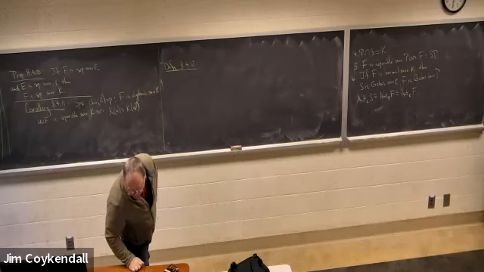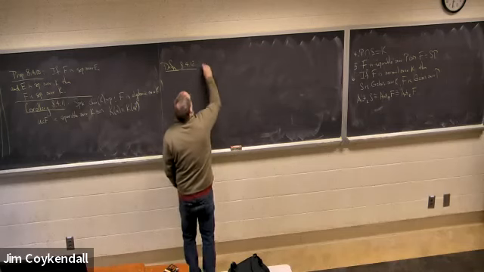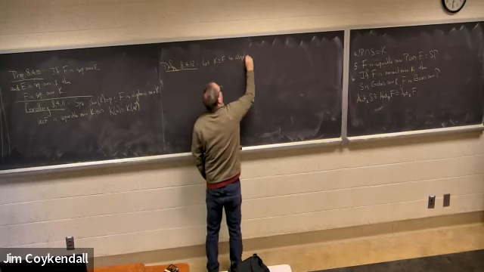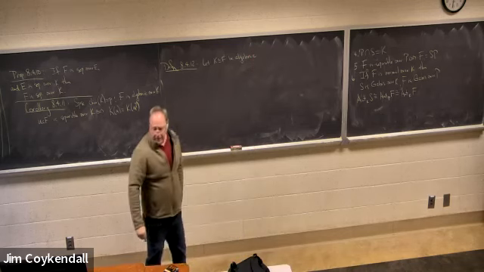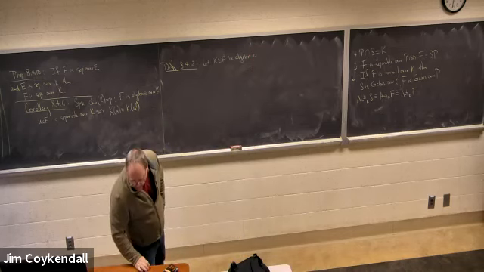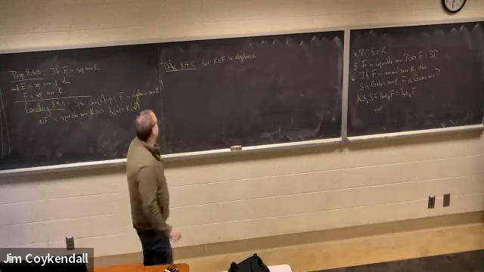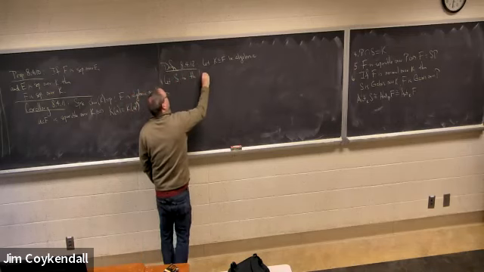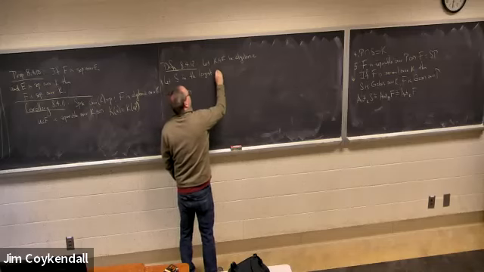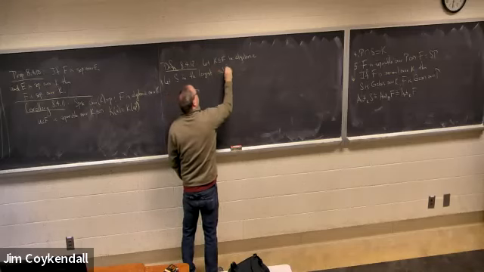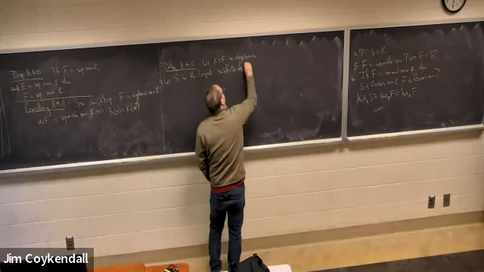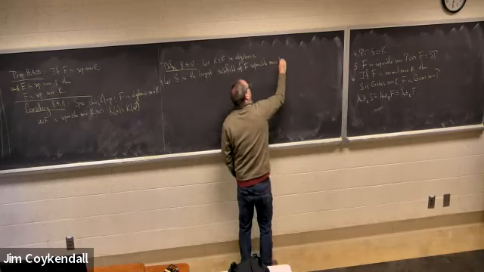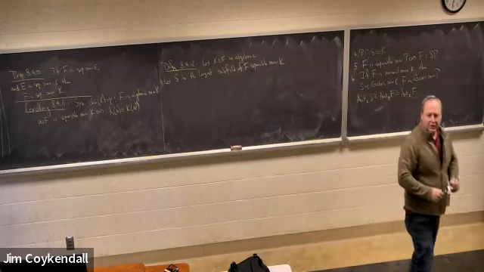Let F be an algebraic extension of K. So this is an algebraic extension of fields, and let S be the subfield of F that is separable over K. And from our previous result, I mean, this sounds a little fancier than it is.